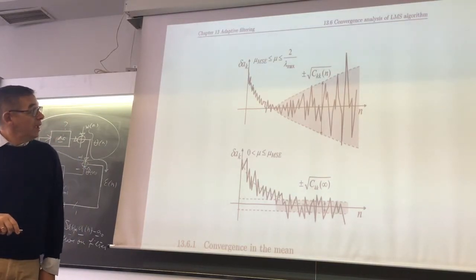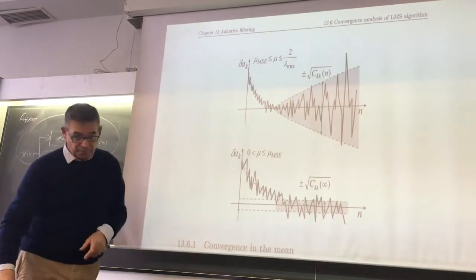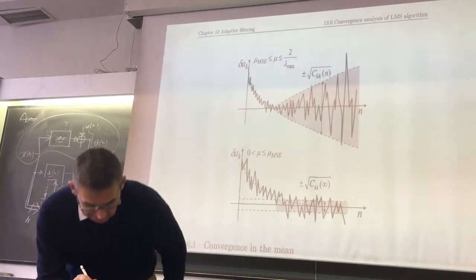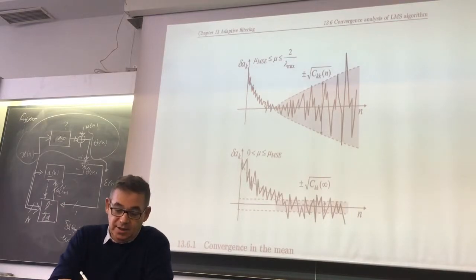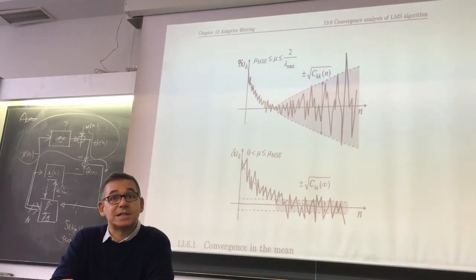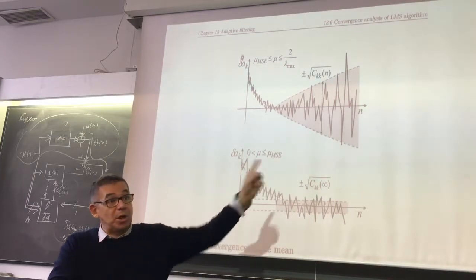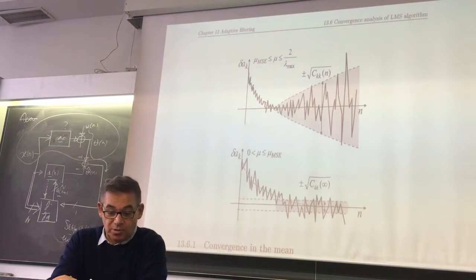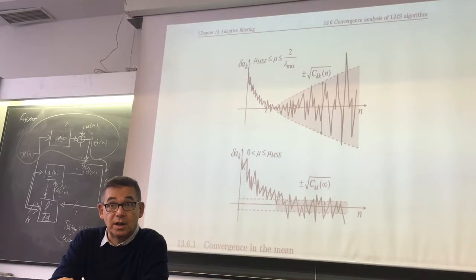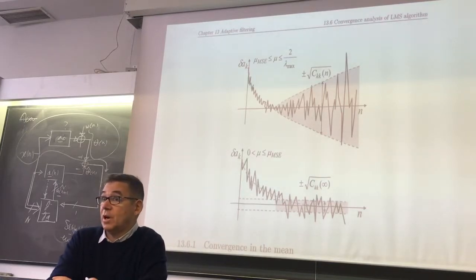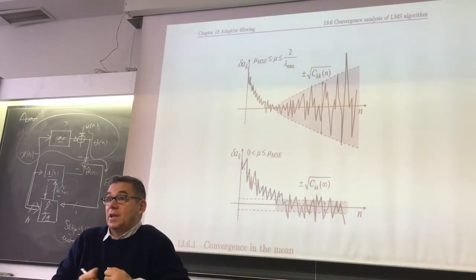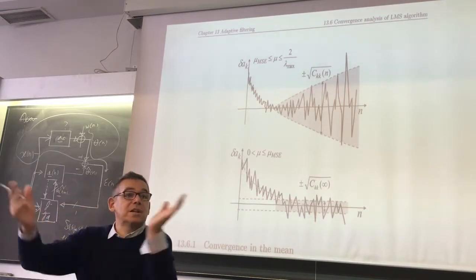Remember, this is delta A_k, the deviation with respect to the true coefficient. So asymptotically, it has to go to 0. But what happens is that I start from an arbitrary point. I have a filter, I don't know how to initialize it, so I initialize randomly, whatever.